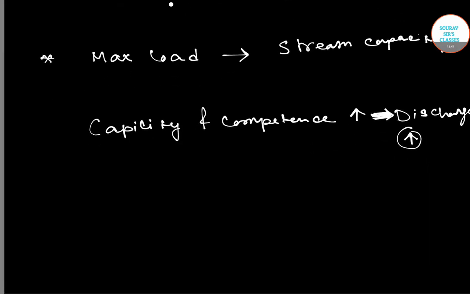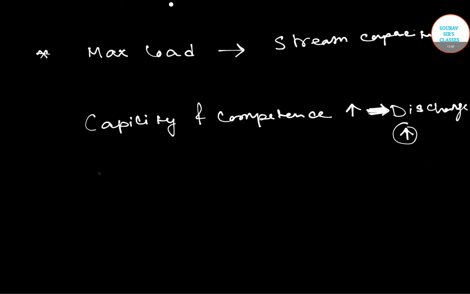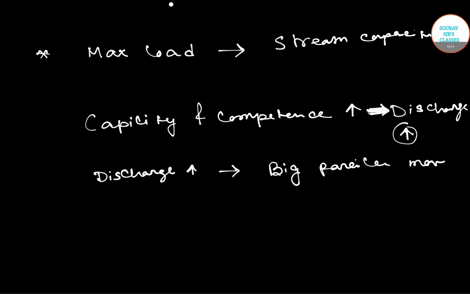And after that there is another thing, that is when discharge is high, then the big particles like boulders, cobbles, they can move, because the discharge flow is high, so they are capable to move those big particles.